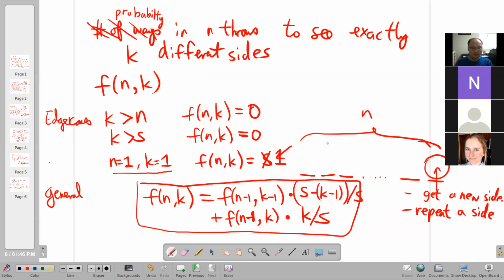So again, what am I trying to say? Unless what you're counting is something that's well known, like permutations, combinations, all those things that you learn in school and class, most of the time what you want to do is use recursion. You're going to look at the process of generating the thing that you're trying to count. Throwing coins, throwing dice, you're going to have a sequence of things, usually.